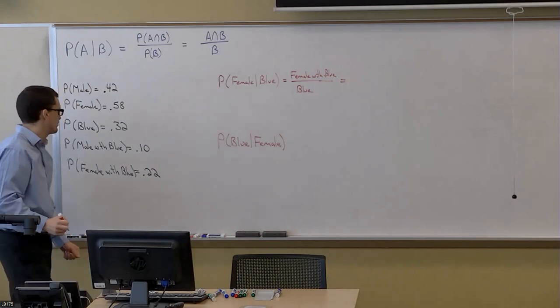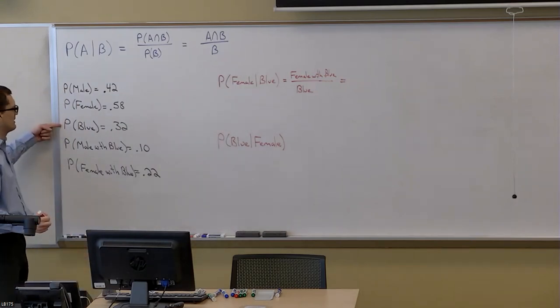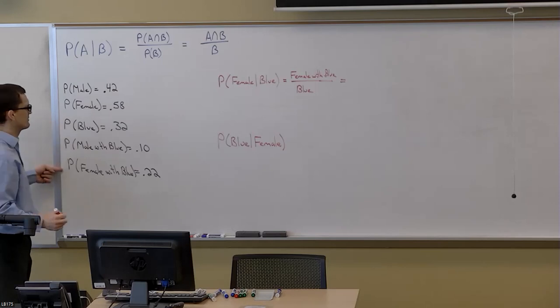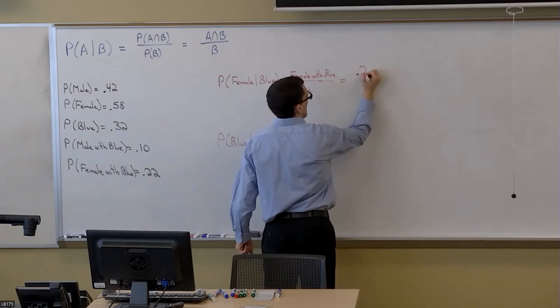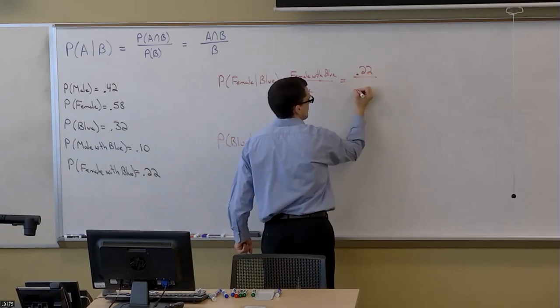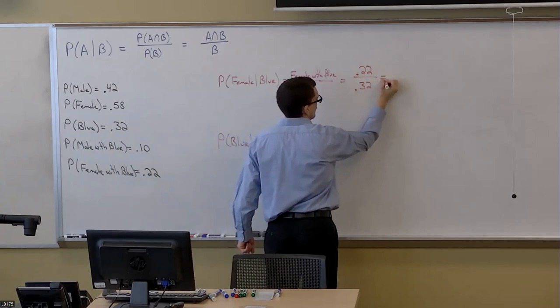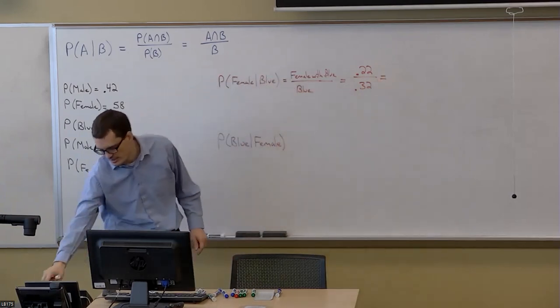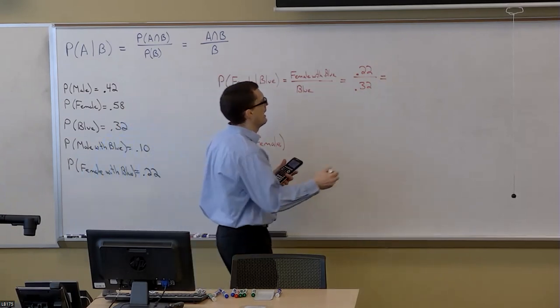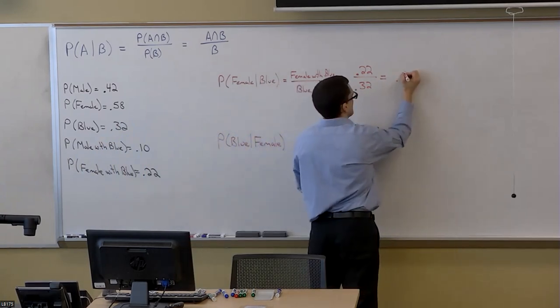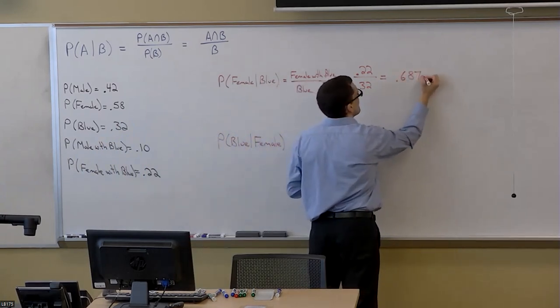But since I have probabilities, the denominator is going to be 0.32. And the numerator is going to be 0.22. Females with blue eyes is 22% of the group. Blue eyes is 32% of the total group. So I just take 0.22 divided by 0.32. And you end up with 0.6875.